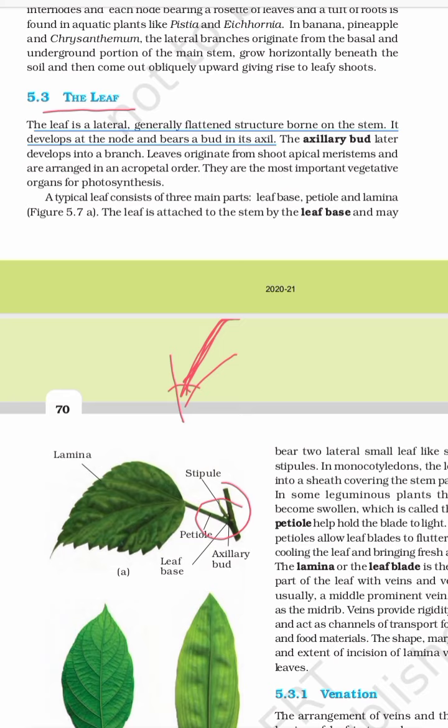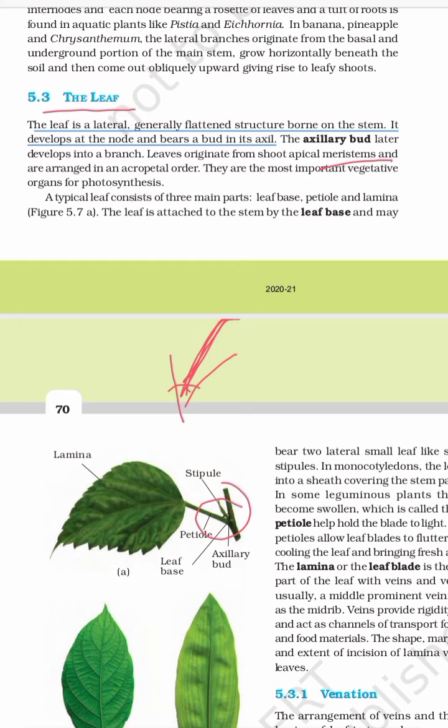So the leaf originates from the shoot apical meristem. As you know very well, meristematic tissues are of three types: apical, lateral and intercalary.